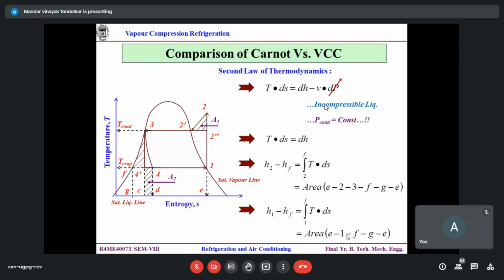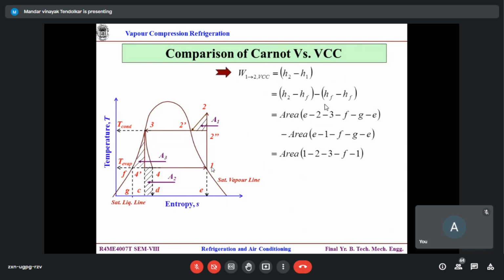What you will have is this 1, 2, 2 dash, 3, F1. Do you agree? And what is that? 1, 2, 3, F1. Correct? 1, 2, 2 dash in between, 3, F1. That is the difference. So this is the work done.